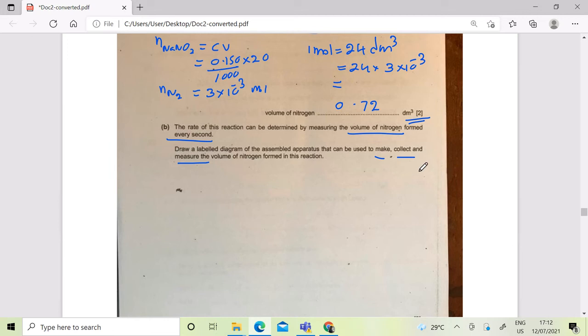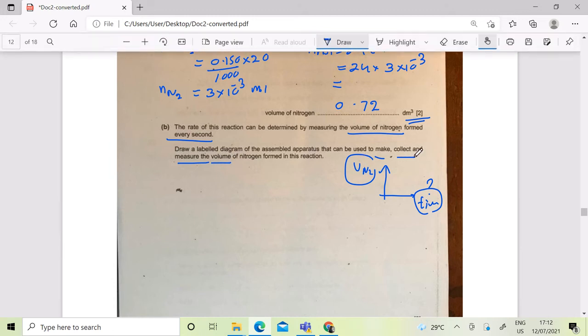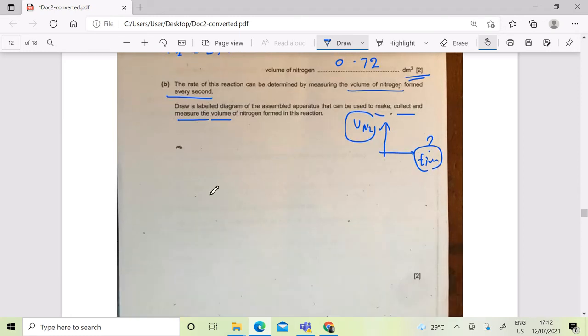They are not asking how to calculate rate, but very simply, you draw a graph of volume of gas, maybe nitrogen, with time. Therefore, I need to measure time and the volume. Question is not asking how to measure time. Question is asking how you are going to collect and measure the volume. So, it's a very basic question.